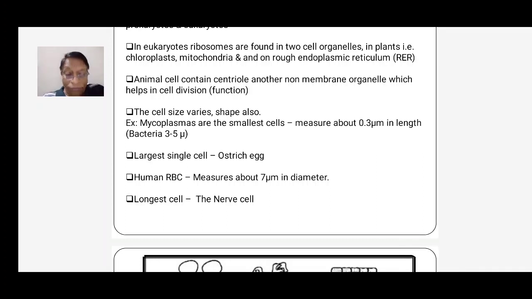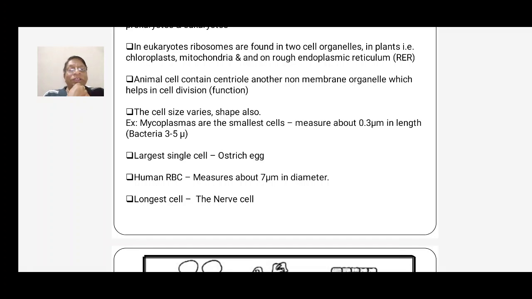The size of the cell varies. The shape of the cell also varies. We have seen the mycoplasma are the smallest cells, measure about 0.3 microns in length.